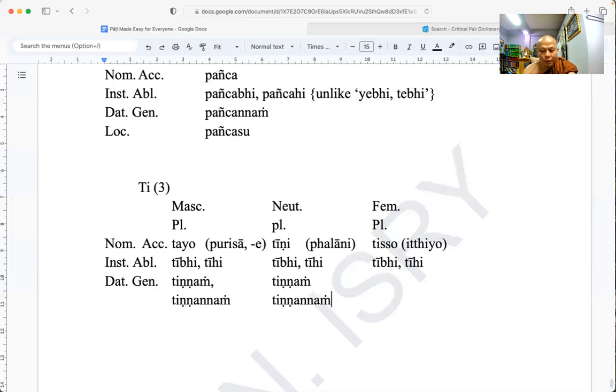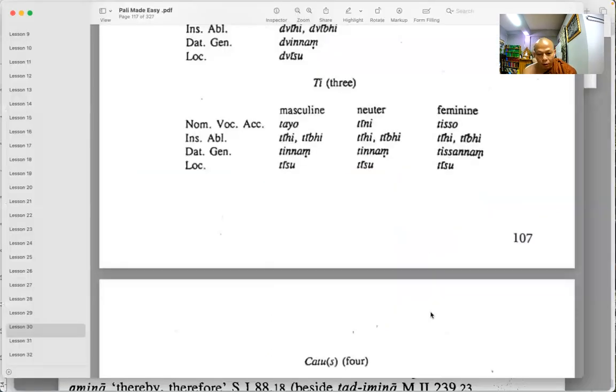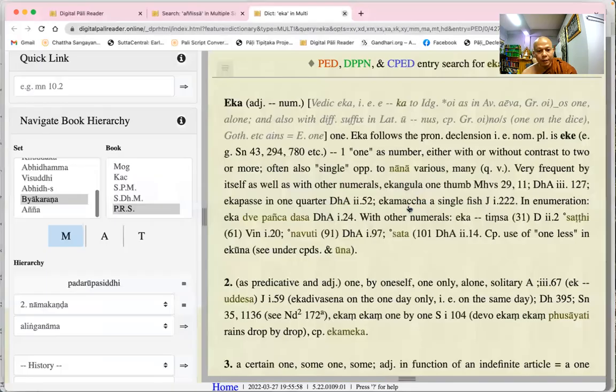Dainan. Okay. So for the feminine gender, they send, only one form. Yeah, only a single form. They send, yes. So here only Dainan, but Dainanan also. So we cannot include it here.